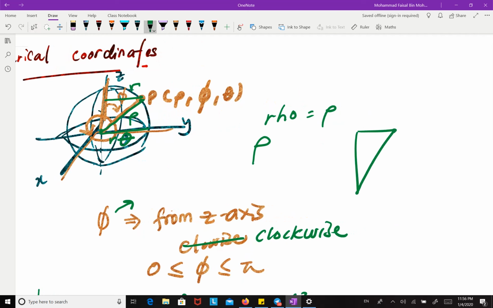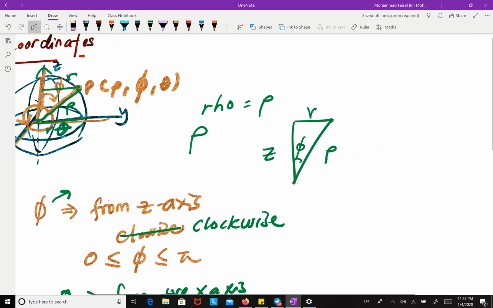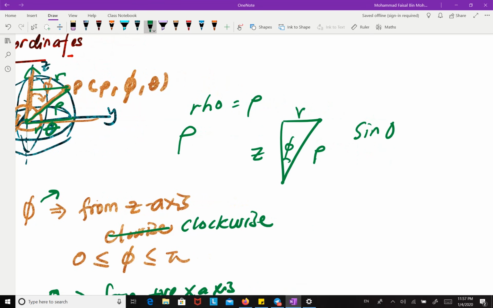Let's say this is the phi from the positive Z axis, and then we have Z here, this is the Z axis, then this is R and this is phi. From here, sine phi is R over rho, so R is rho sine phi.